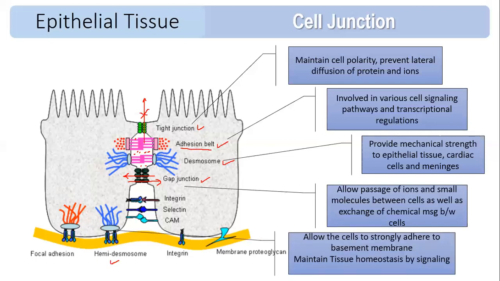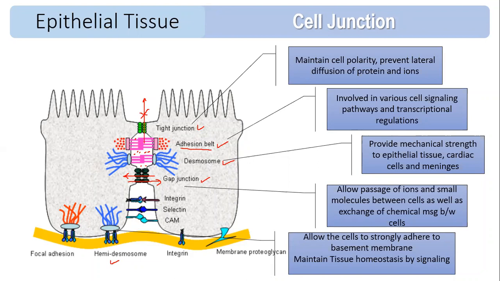So what is tissue homeostasis? Homeostasis is maintaining the internal environment constant by signaling. So what is the function of the hemidesmosomes? They allow the cells to strongly adhere. Adhere is attach. किसको अटैच करेंगे?